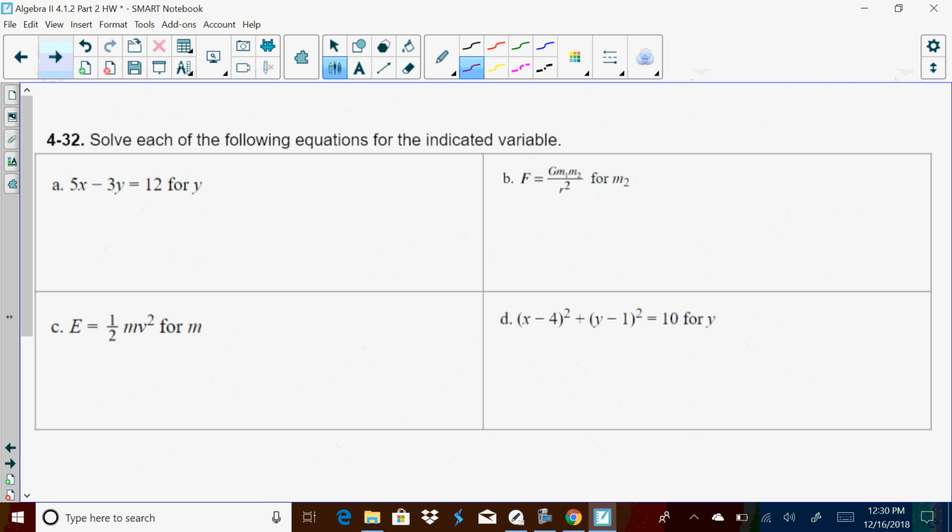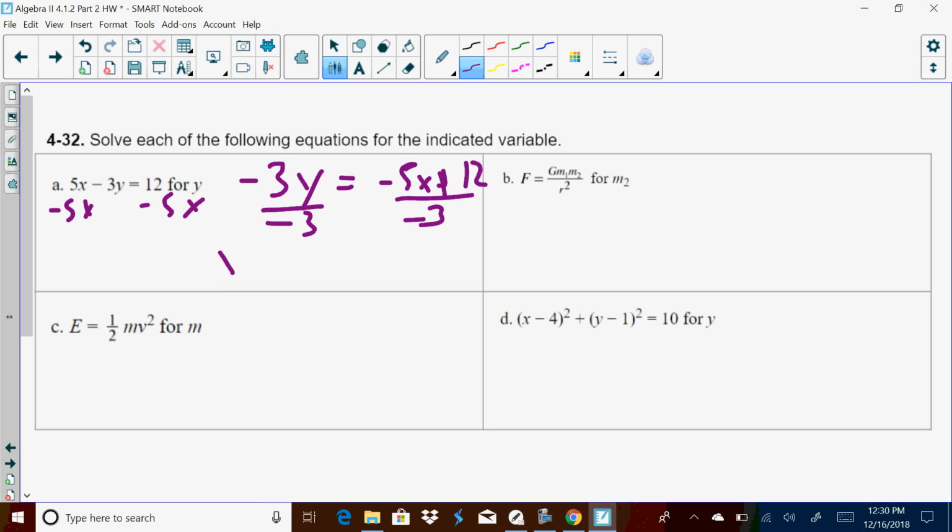Problem 32. I am going to solve for y. So I subtract 5x from both sides. And I get negative 3y equals negative 5x plus 12. Divide by negative 3. Y equals 5 over 3 x minus 4.